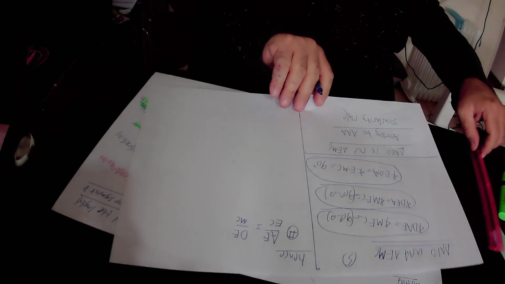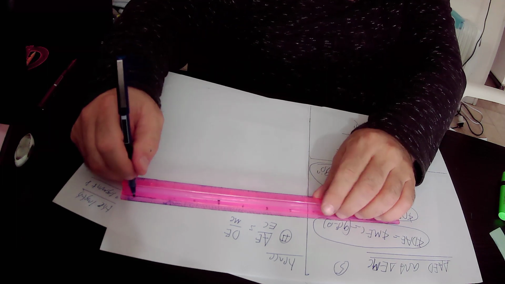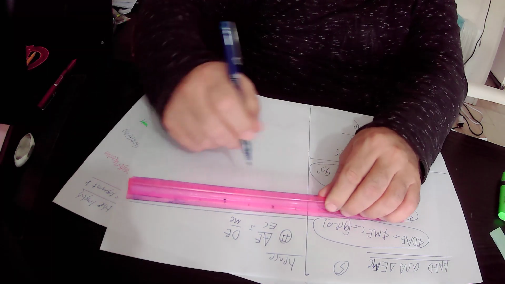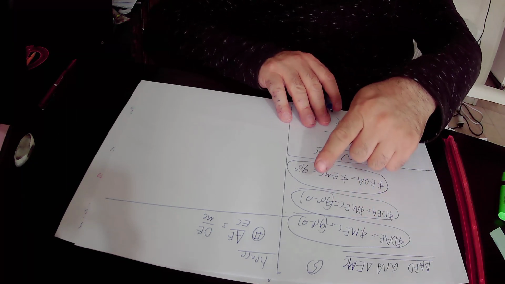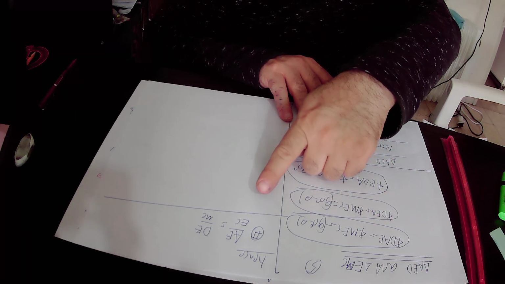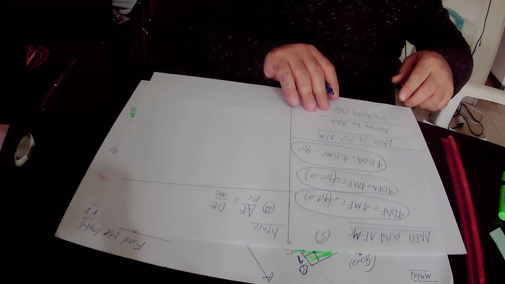I repeat again, from the fact that the green right triangle AED is similar to the green right triangle EMC, we will conclude that AE over EC equals DE over MC.